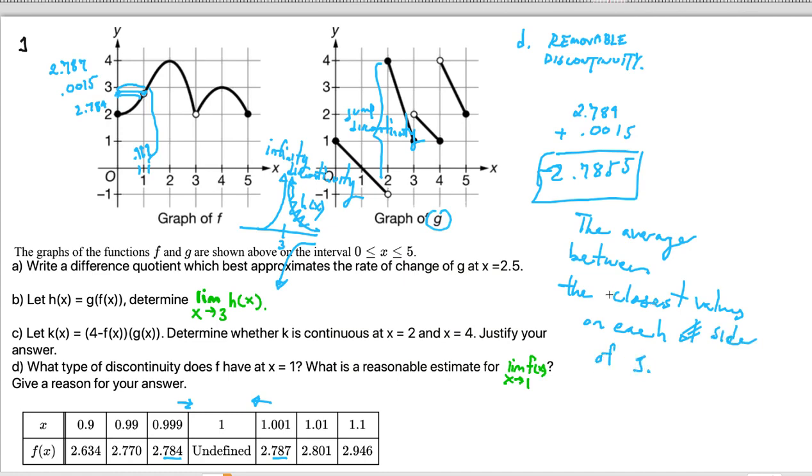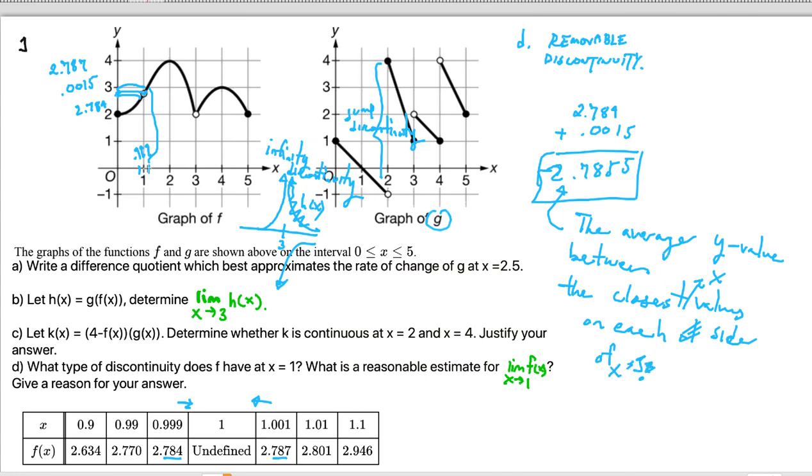That's all I did. The average y value, if you want to be more precise, between the closest x values on each side of x equals 1, because we're talking about an x value here. And that's basically your reasoning.